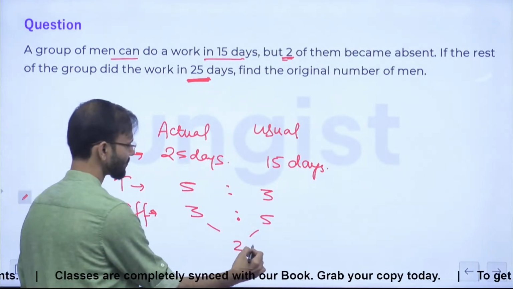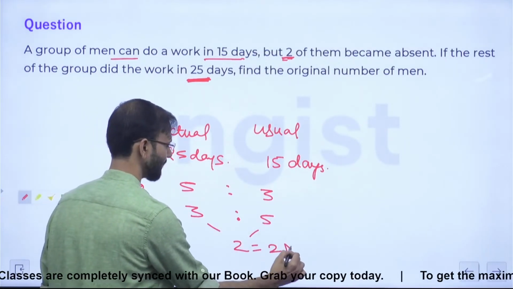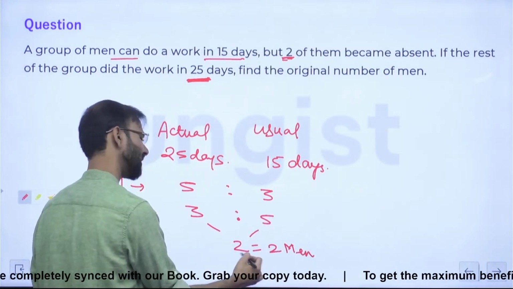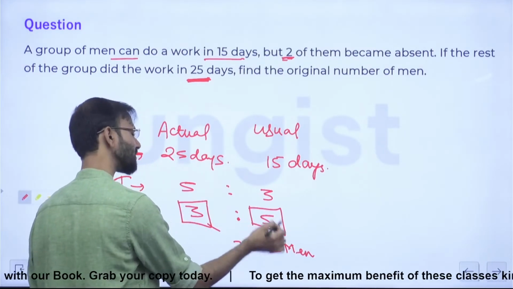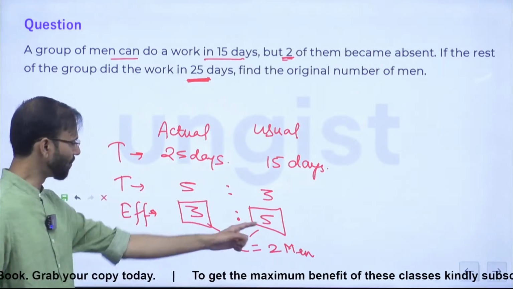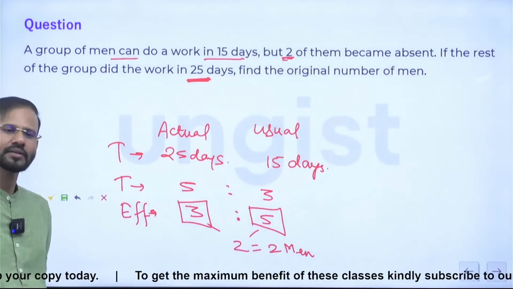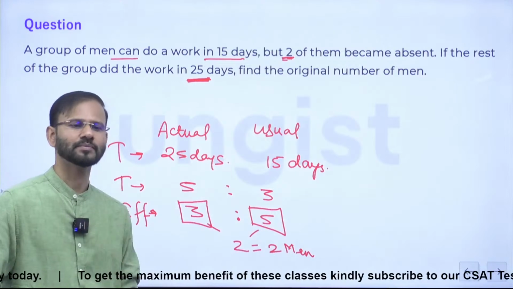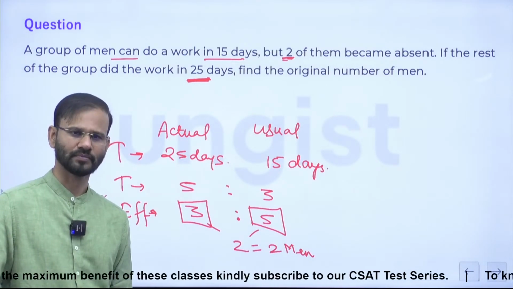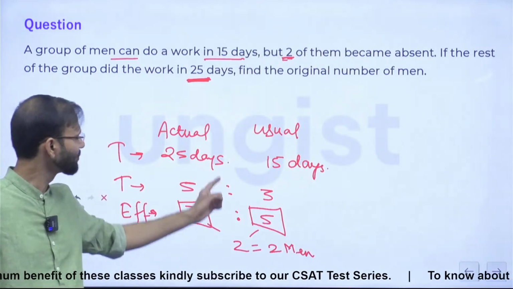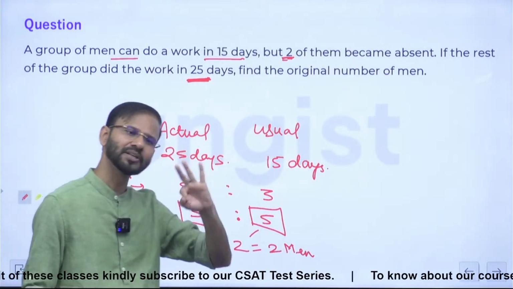Fine. So 2 units is equal to 2 men or 2 workers. So 1 is equal to 1 obviously. So initially guys, the task was assigned to 5 men, but only 3 of them are working on it. 2 became absent. वो नहीं आए काम करने. It was assigned to 5 men, but only 3 people turned up.